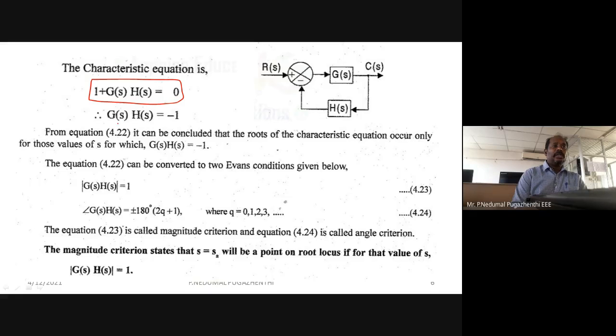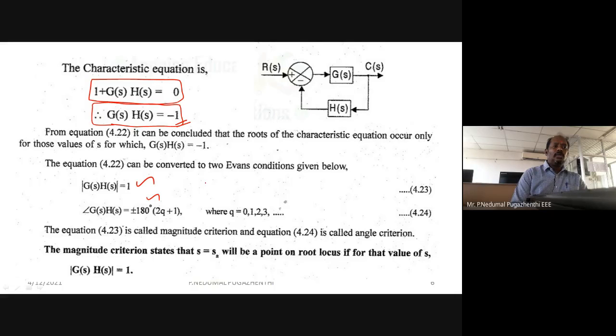From that you can derive G(s)H(s) equals minus 1. So the magnitude and angle criteria say that the magnitude is 1 and the angle is plus or minus 180 degrees times (2q plus 1), where q varies from 0, 1, 2, 3, etc.